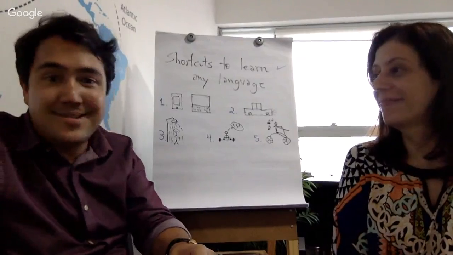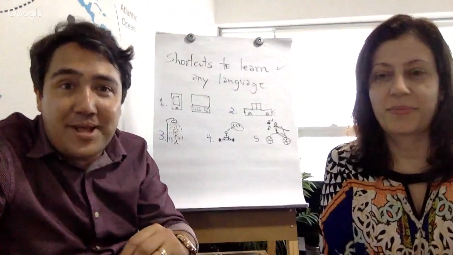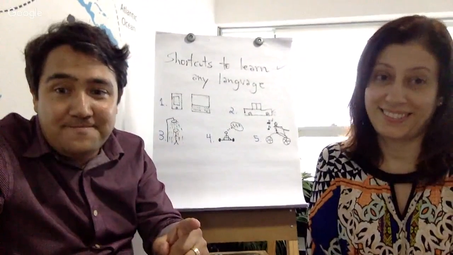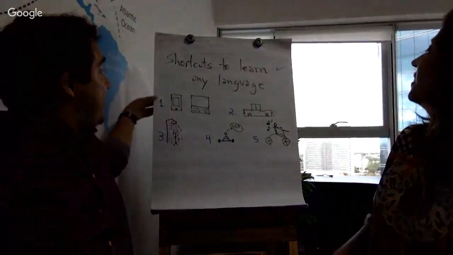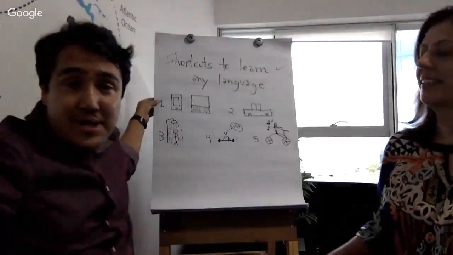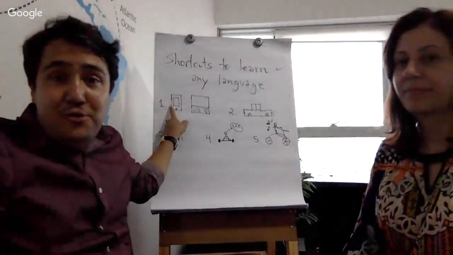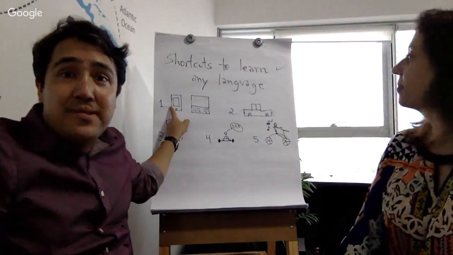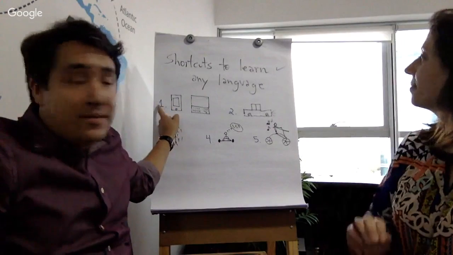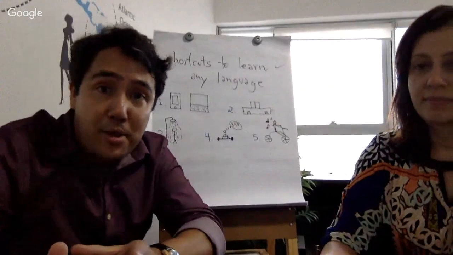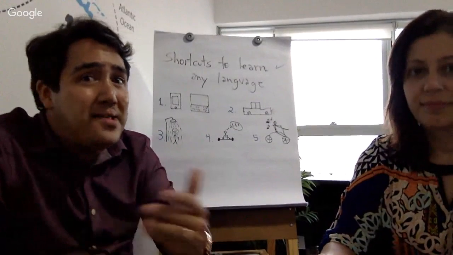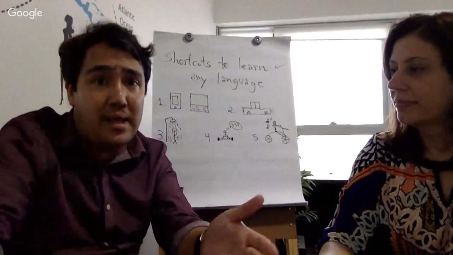Nice. All right, so let's cut to the chase. Are you ready? Awesome. So the very first tip we have, guys, or shortcut, is set your device, whether that's a smartphone or a laptop computer, to the target language. And why is it, Rafa, that we want to do that?